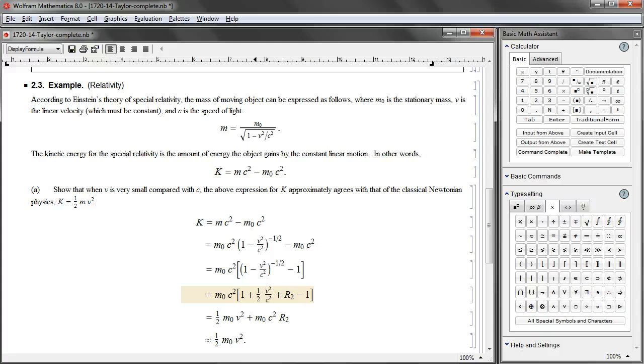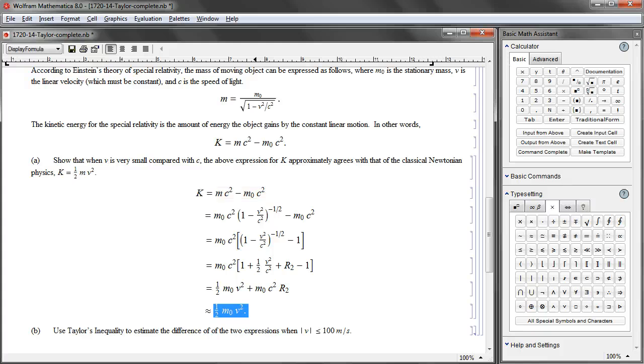We have minus 1 coming from this part canceling out, so we have this cancellation. We have 1/2 m0 v squared plus m0 c squared times r2, and this r2 is going to be very small. This remainder is going to be very small, so the kinetic energy can be approximated by 1/2 m0 v squared. And this, by the way, is the same as the kinetic energy for Newtonian dynamics, not relativity, this classical case.